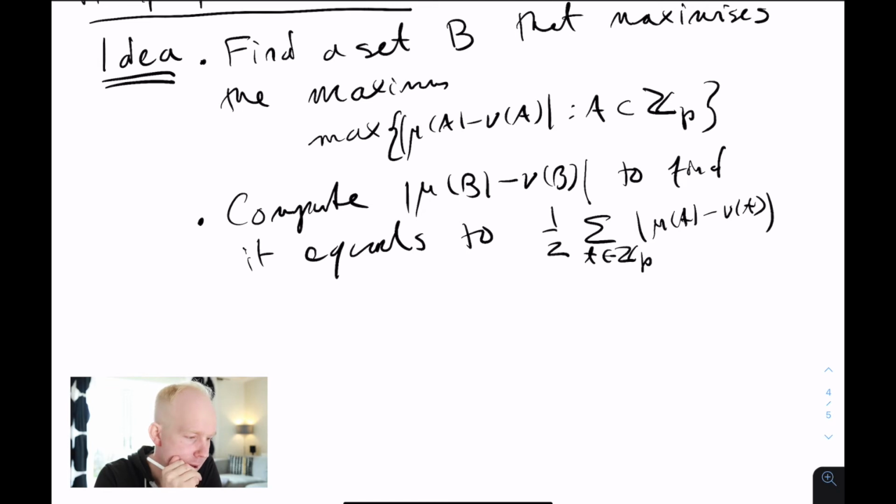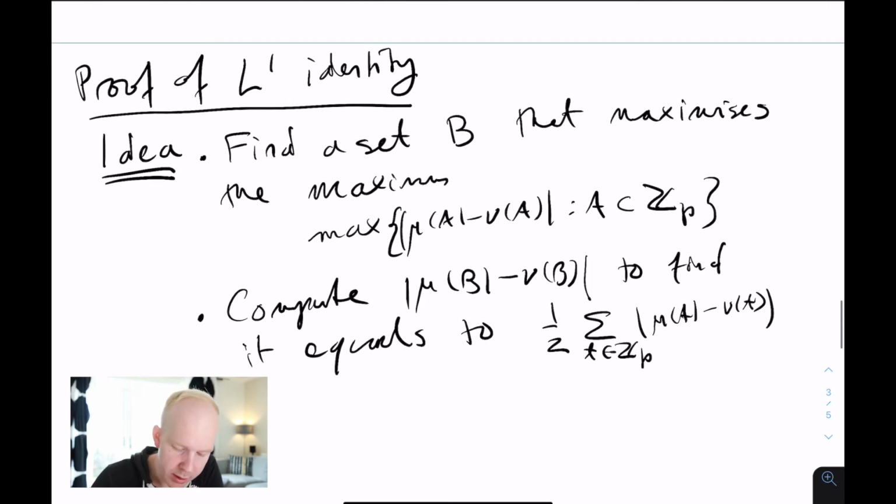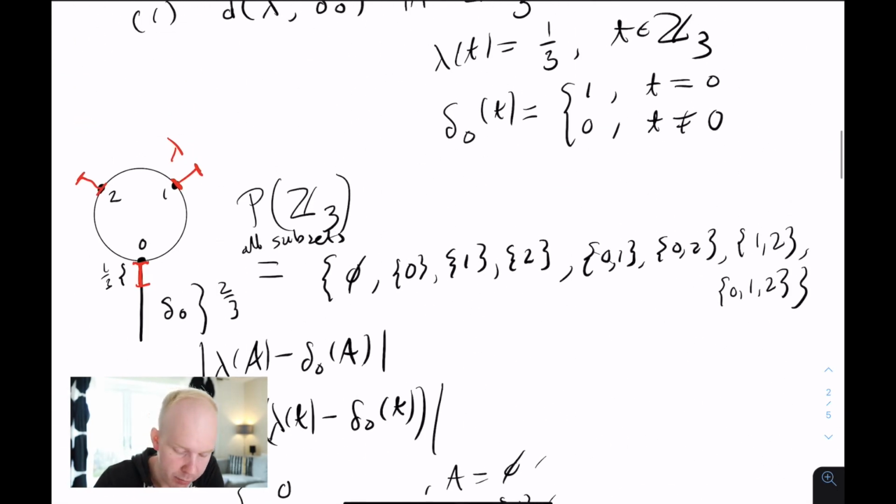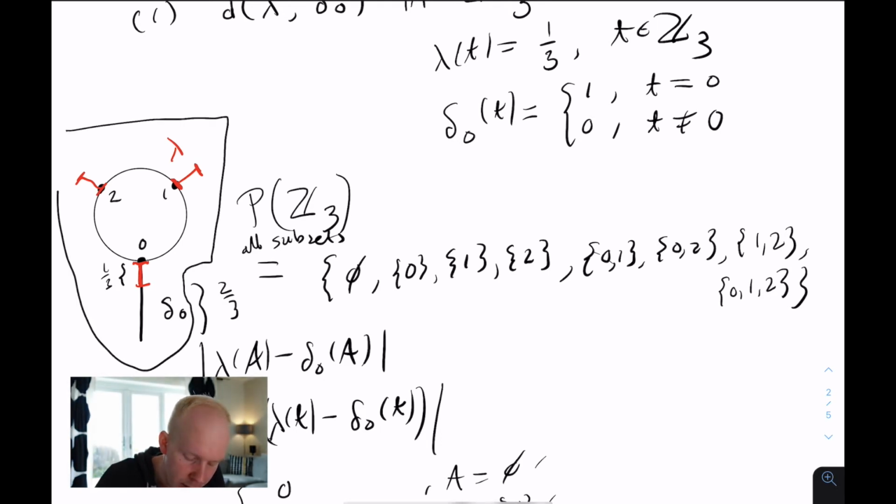The basic idea is that when you look at the picture from the previous lecture, you would like to study the distance between two probability distributions. Here in this case, this was lambda and delta 0.